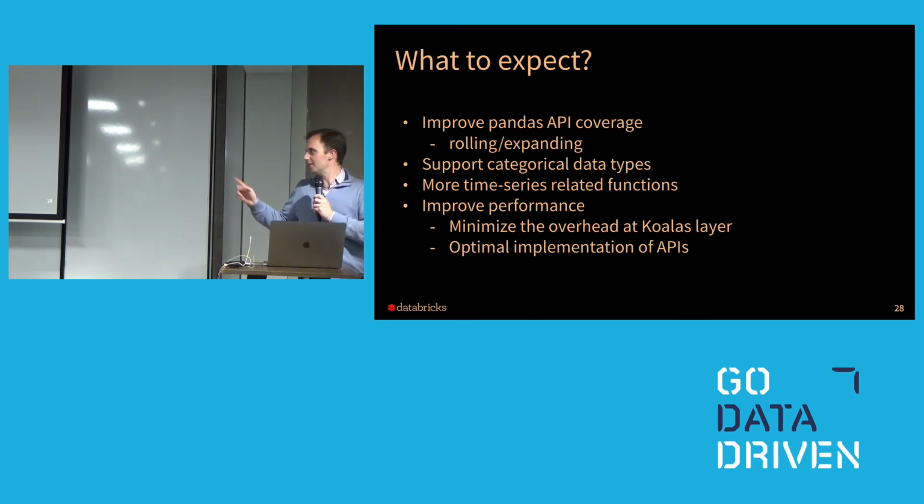And maybe you didn't see it too much, but in the graphs about the performance from this example here, Virgin Hyperloop, there is a little bit of overhead at the Koalas layer, and we're trying to remove it as much as possible.